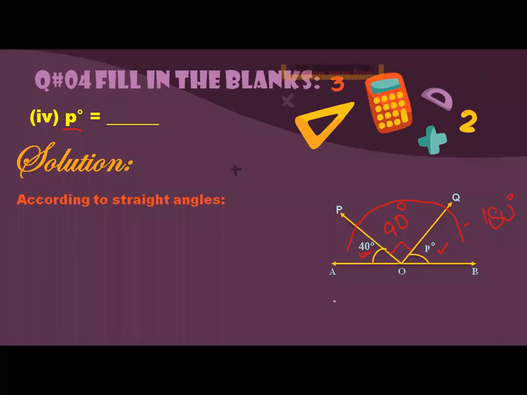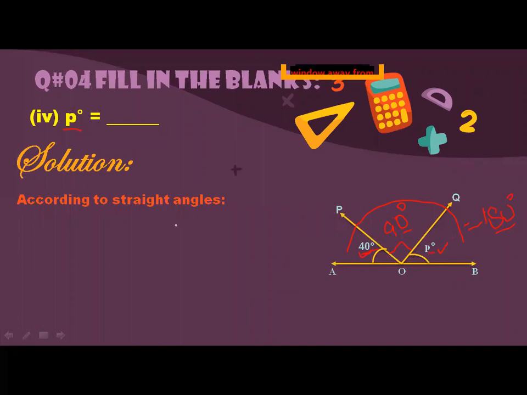If we add P, 90 degree and 40 degree, your answer should be equal to 180 degree, because together they are forming the angle of 180 degree. So you will write P plus 40 plus 90 equals 180 degree.